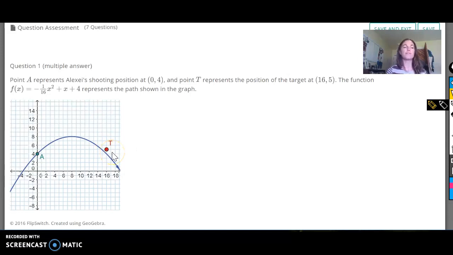Our function that his shot is following is f of x equals negative 1/16 x squared plus x plus 4. That's the trajectory of his shot.